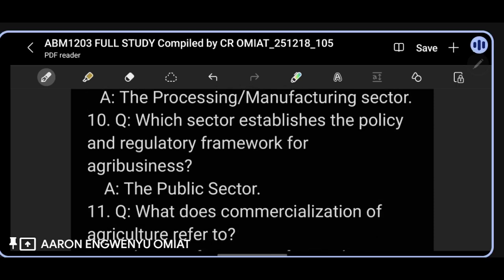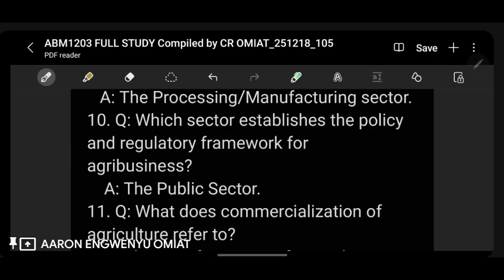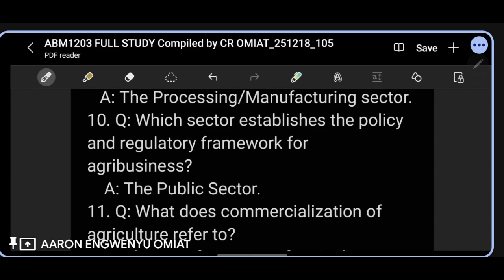Then what does commercialization of agriculture refer to? Amina. Commercialization of agriculture. Okay, I'm just understanding it. I can't define it well. It's okay, give us how you've understood it.